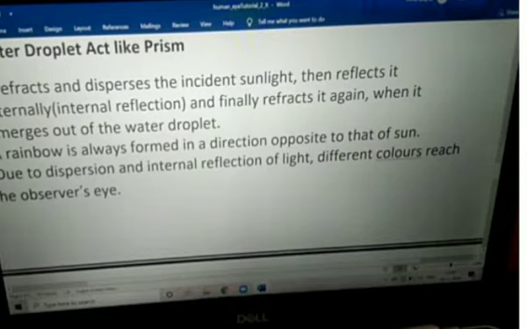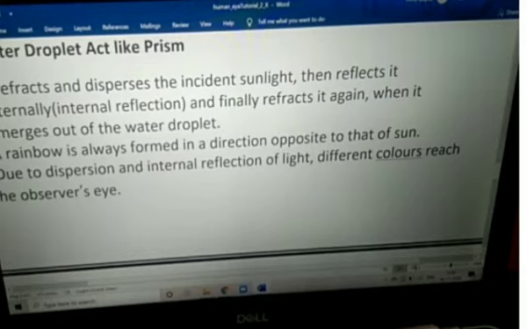We know that splitting of white light takes place in the prism. So what is there in the rain? The water droplets in the rain act as the prism, and therefore there are three phenomena taking place during the formation of the rainbow.